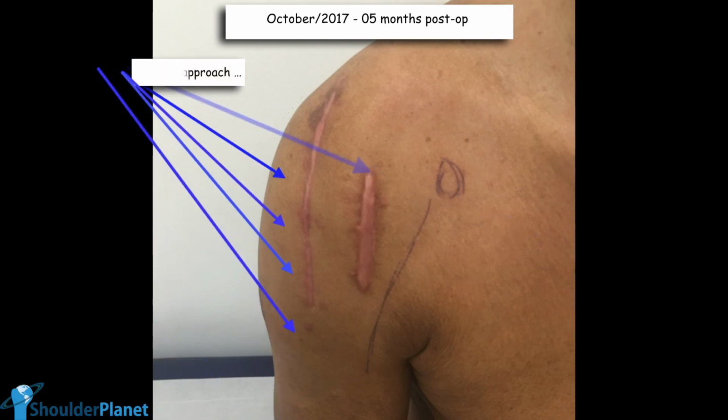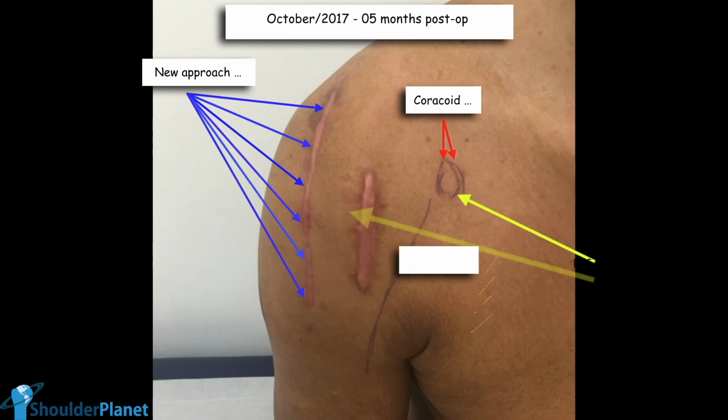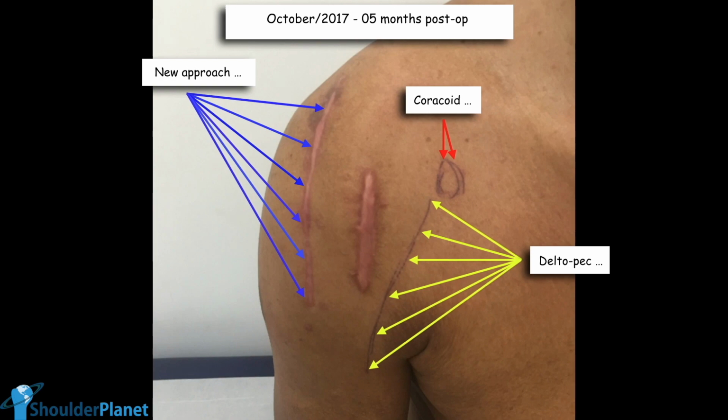So this was my new approach, an extended deltoid split and anterolateral approach. Here we are seeing the coracoid, in blue, and I have made a drawing of what would be a deltopectoral approach.